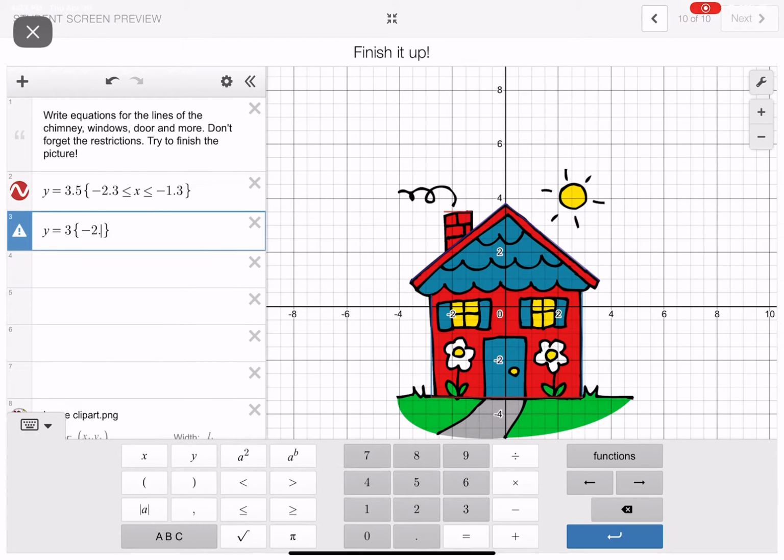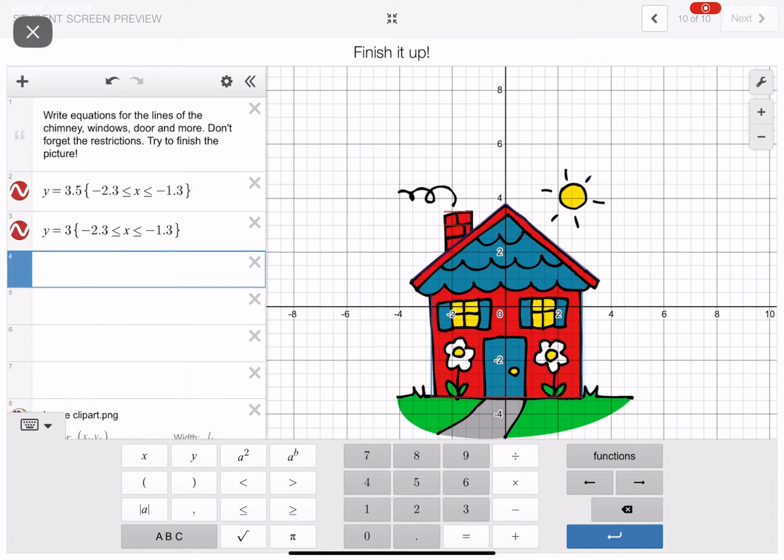But this would be the same: negative 2.3 is less than or equal to x, which is less than or equal to negative 1.3.